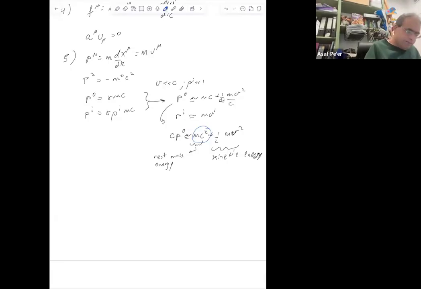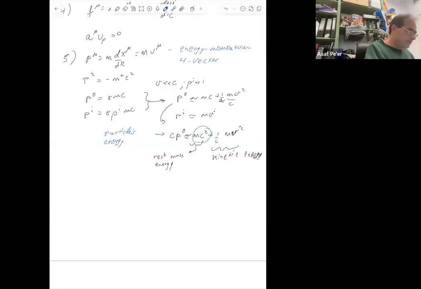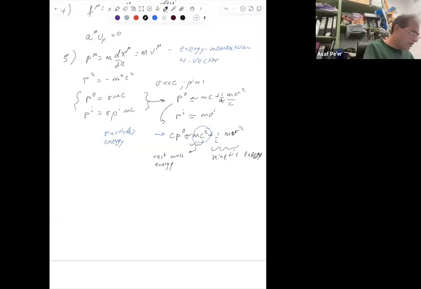Now, because of that, just to finish, cP0 really represents an energy of the particle. This is the particle's energy. And because of that, the P^mu is also known as the energy momentum vector.